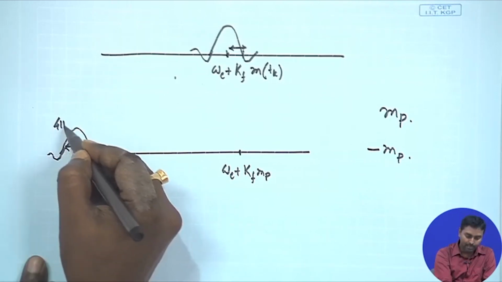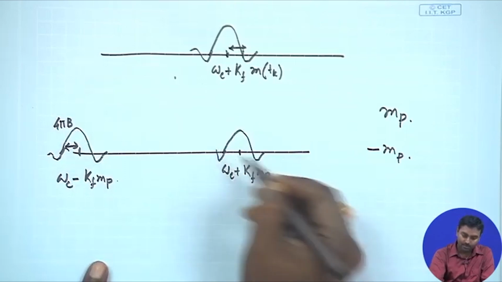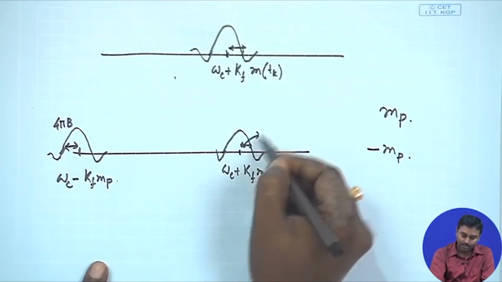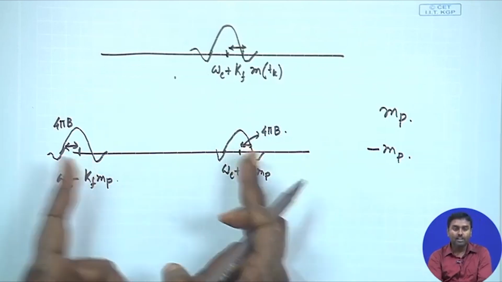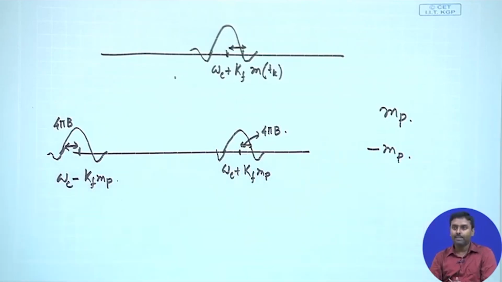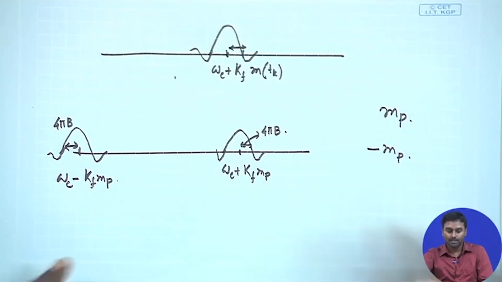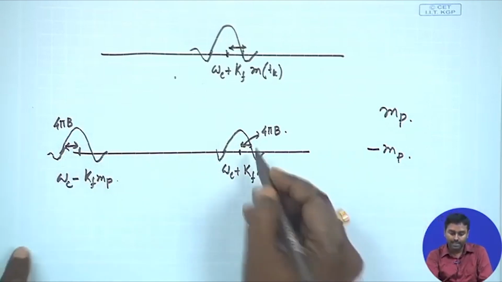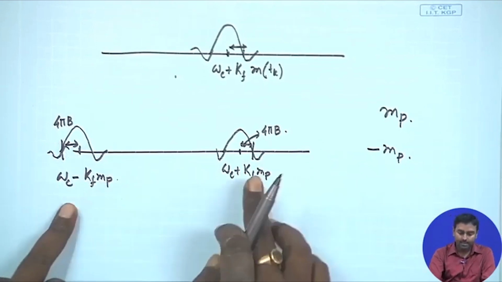Here it is 4 pi b, and there will be a sinc on top of this, also 4 pi b. So overall, beyond this the sincs will be diminishing, so I can say this is my valid bandwidth, which is this minus this.